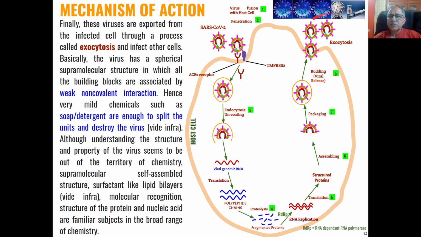And because these interactions are very weak and non-covalent in nature, very mild chemicals such as soap and detergents are enough to split the unit and destroy the virus. So this we have seen during our cases of infections, that by washing with soap or detergent, the virus can be destroyed.